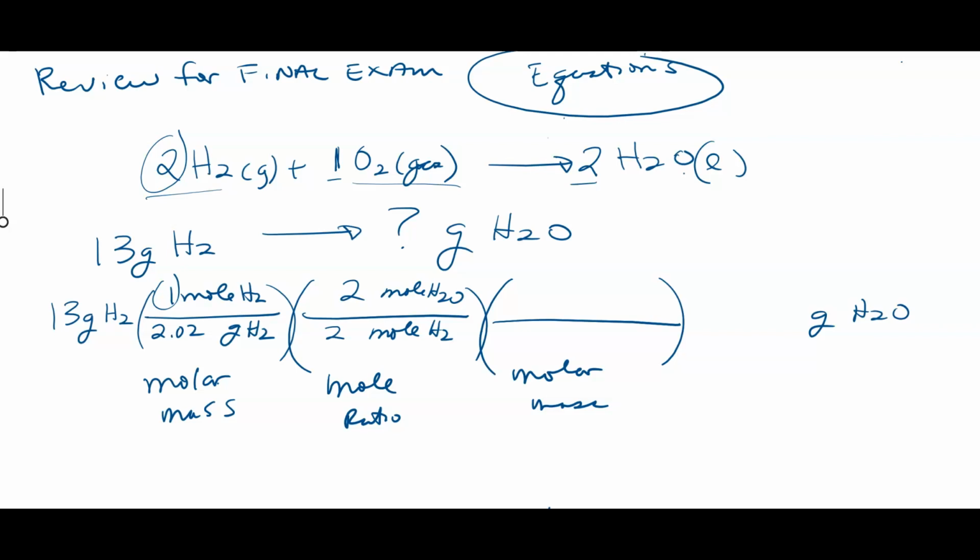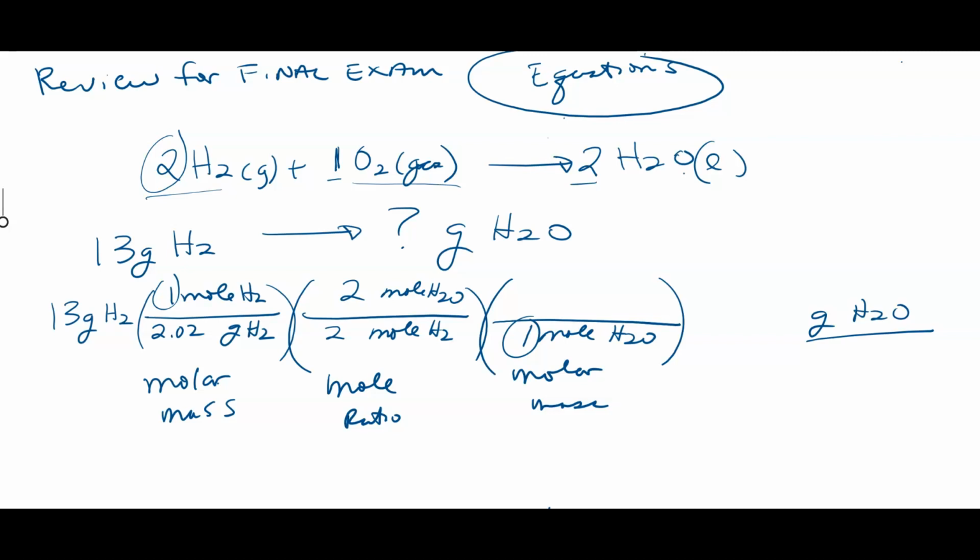Last step, I want to get from moles of water to grams of water. So molar mass, the definition of molar mass, is 1 mole of water. This is where people mess up. Don't look at the balanced equation in this step. Only use the definition of molar mass as 1 mole. And I want to know the molar mass of water.